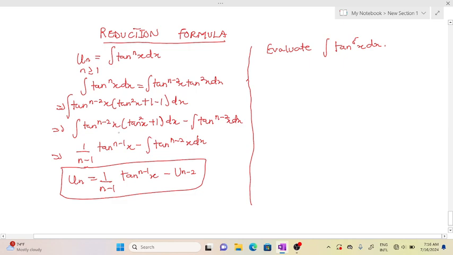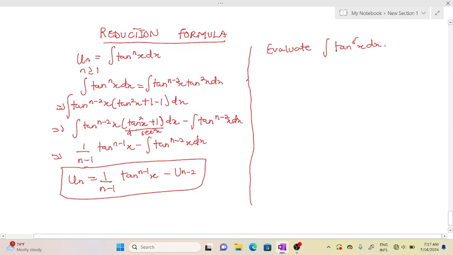At this point, you realize that this whole expression, tan squared x plus 1, is the same as sec squared x. And you realize that this is the derivative of what?